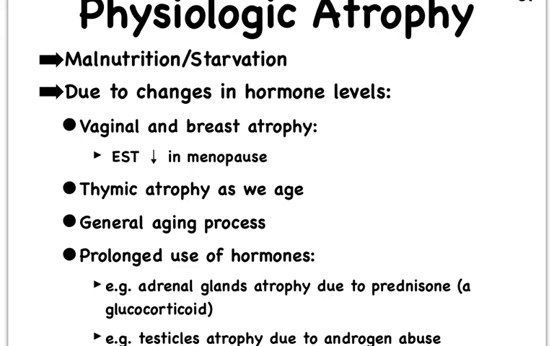What's the point of their testes cranking out all this testosterone if they're taking the supplements? There's no point for his own body to keep secreting that particular steroid called testosterone.